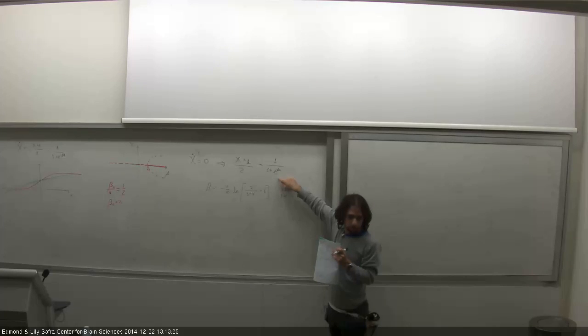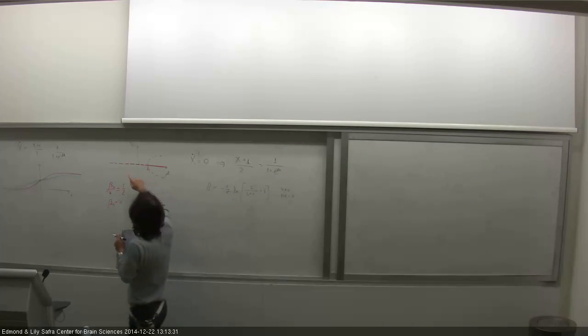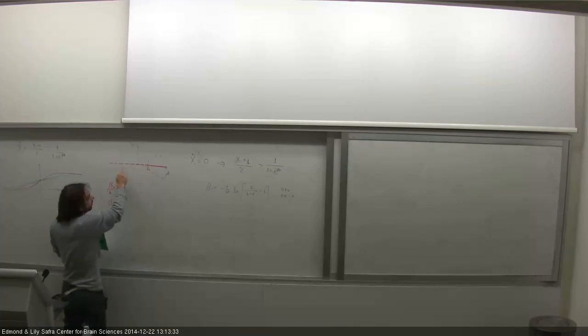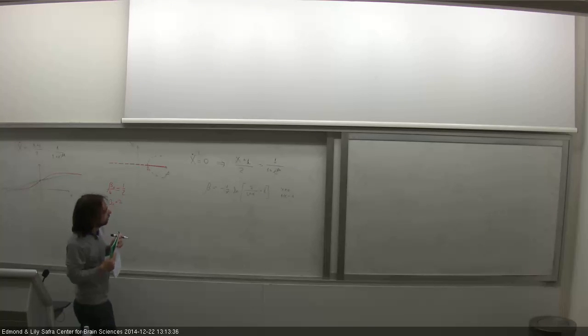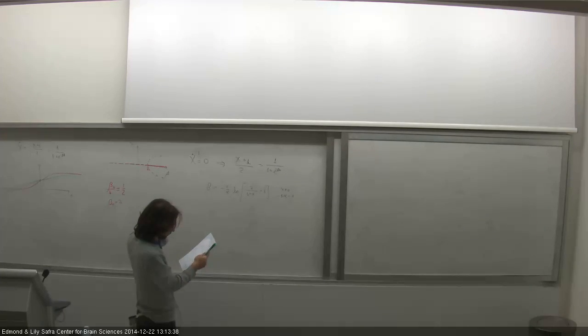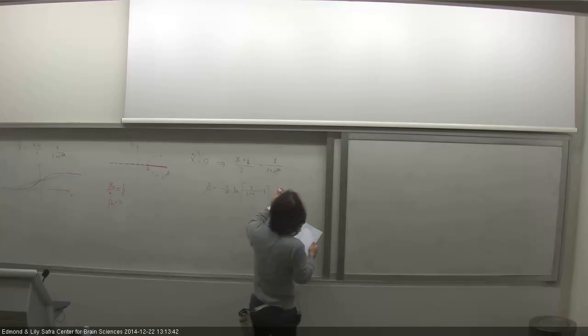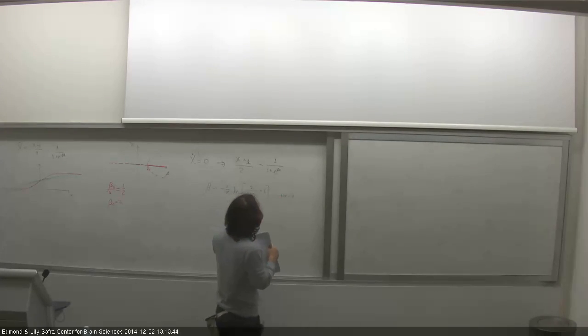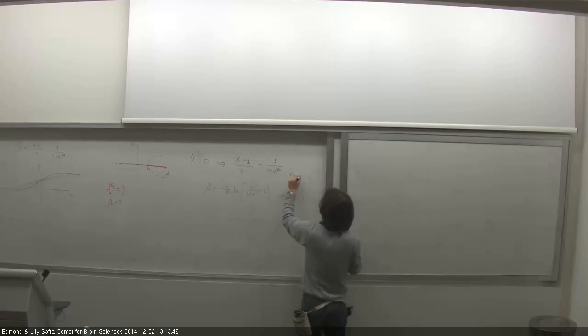And beta is not restrained. I can have any value of beta. So x equals 0 is this line. Okay? Yeah, okay. No, this is not a condition here. But x equals 0 leads to any beta.